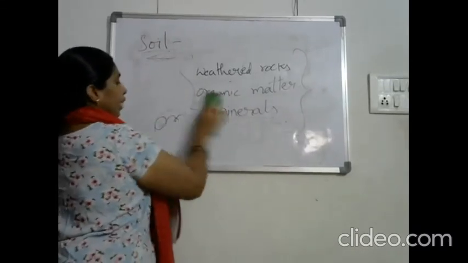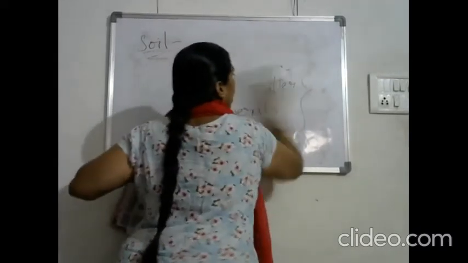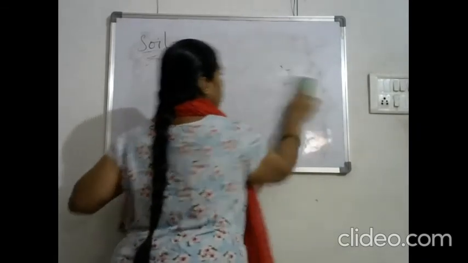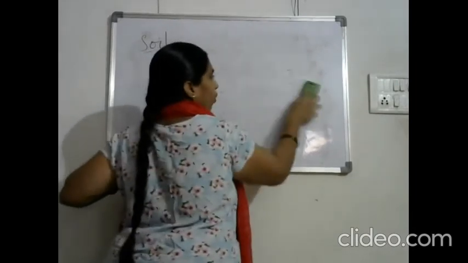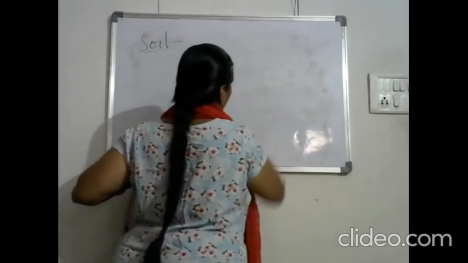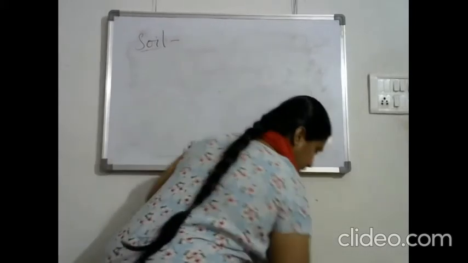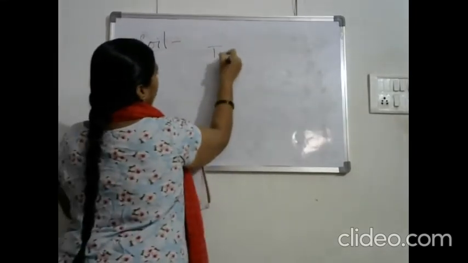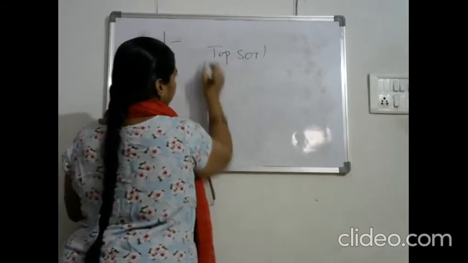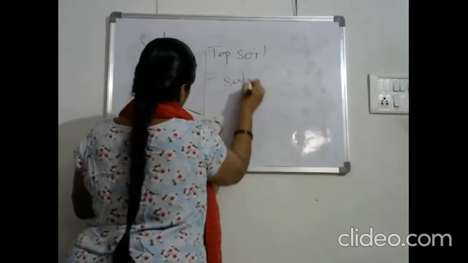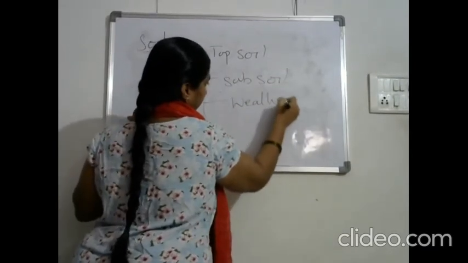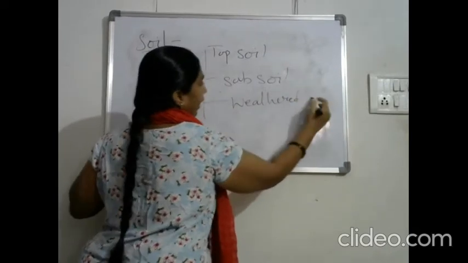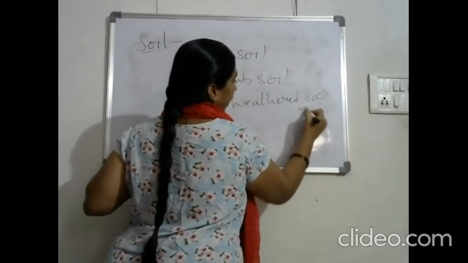Now, in the soil also, you can see only the top soil. Like you can see the surface of the earth's crust. Yes or no? You can see only the top of the earth's crust. That is called the top soil. Under that, subsoil. Under that, weathered rock material.